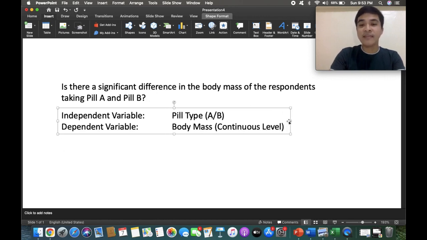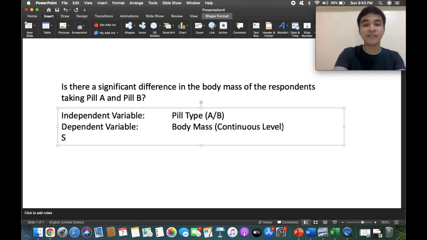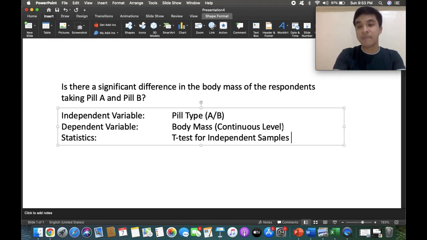Again, if your answer is t-test for independent samples, then you are right. The appropriate test statistic for this is t-test for independent samples.